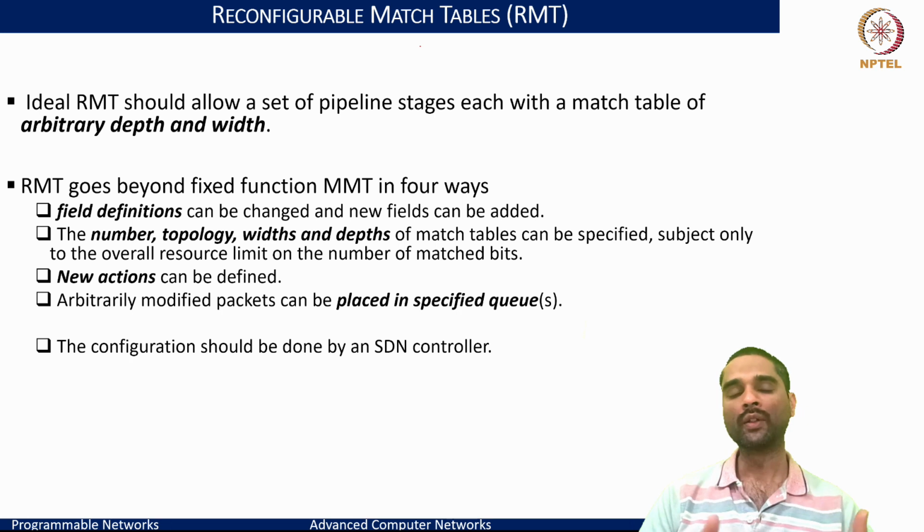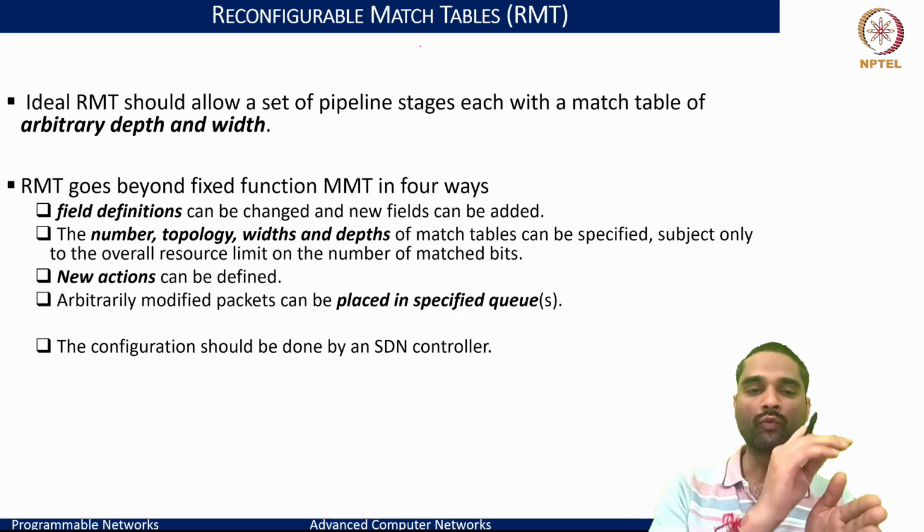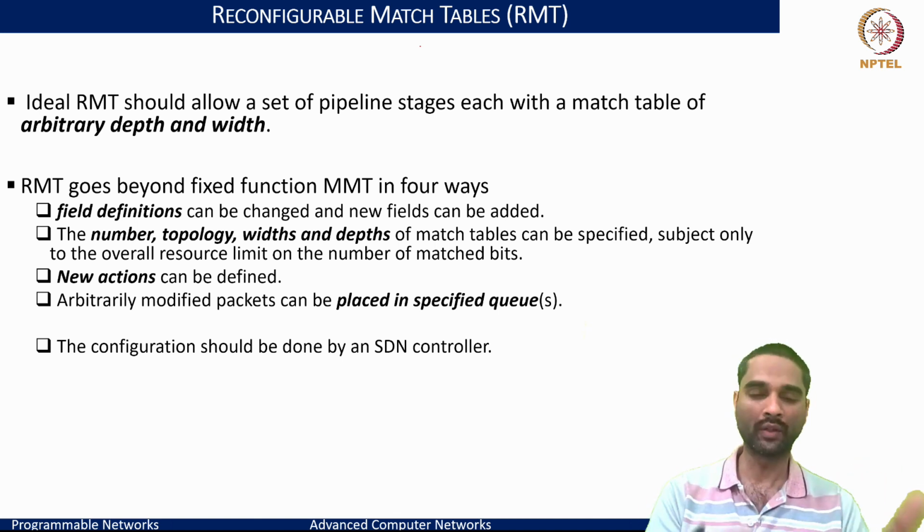Second, the number of tables that we would want to support and the topology, in terms of which stages each table would pick when it tries to process, including each table's width and depth characteristics, could also be controlled and configured rather than saying that we only confine to what is being given.